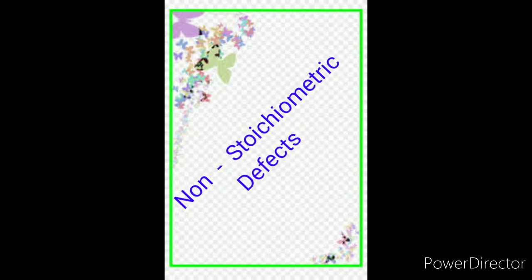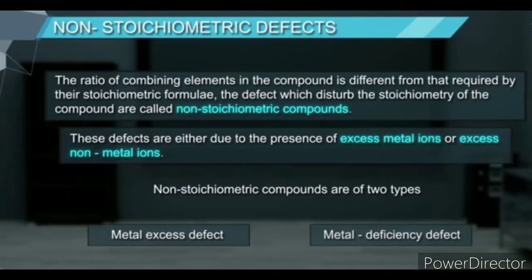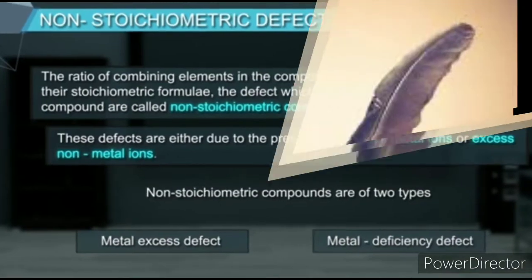Next, the third type of point defect is non-stoichiometric defects. These are defects which disturb the stoichiometric composition of the crystal. These are of two types: metal excess defects and metal deficiency defects.